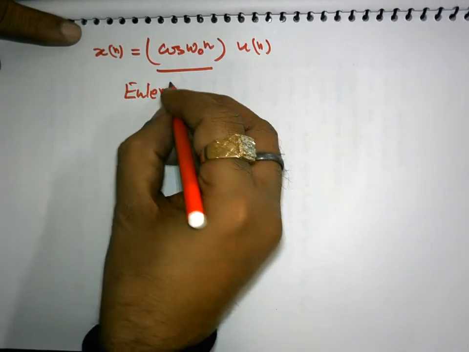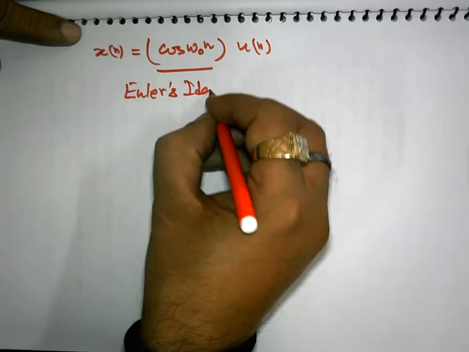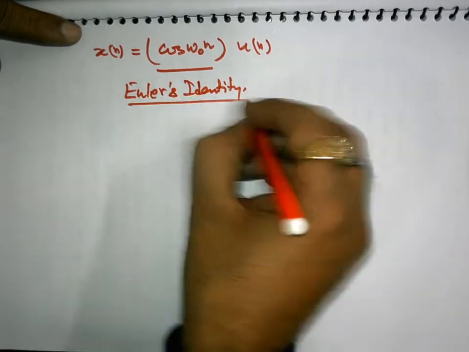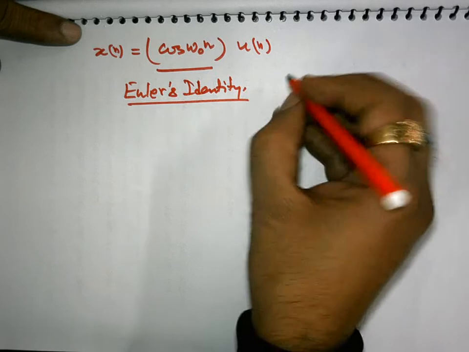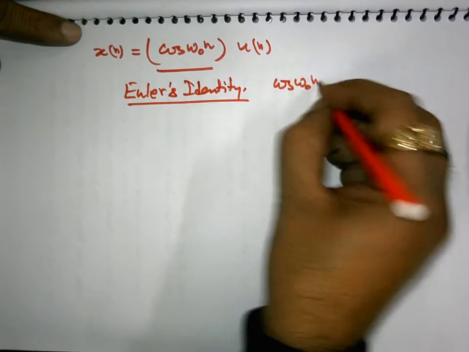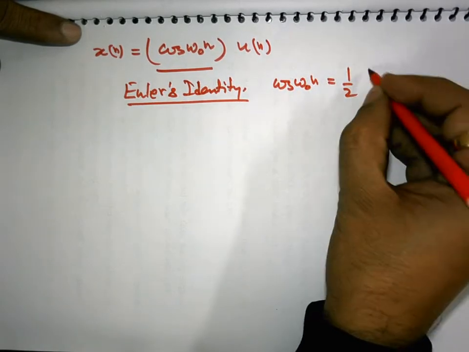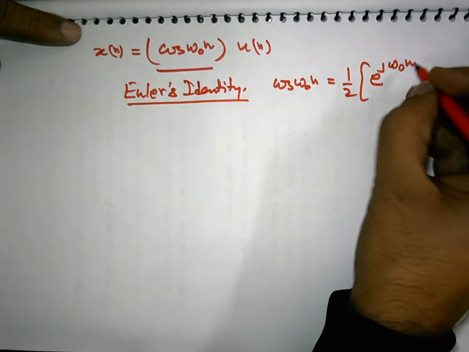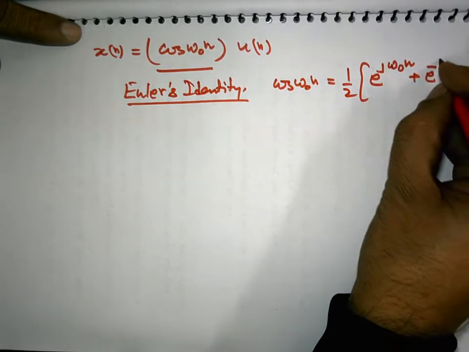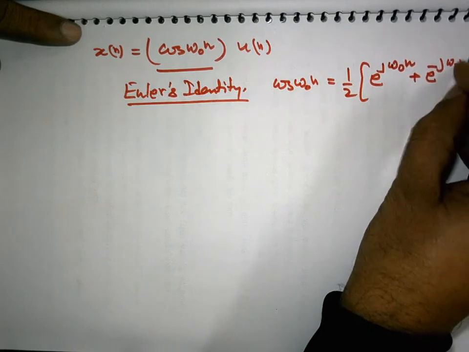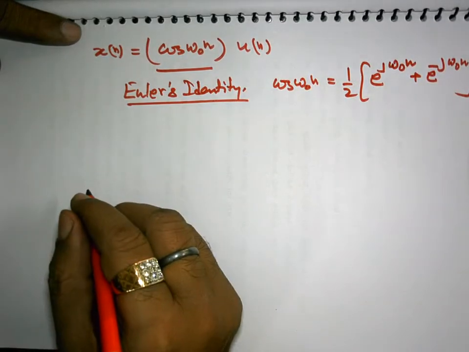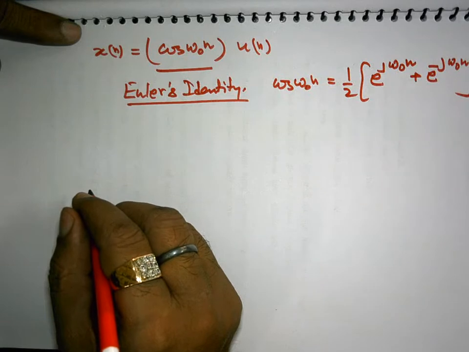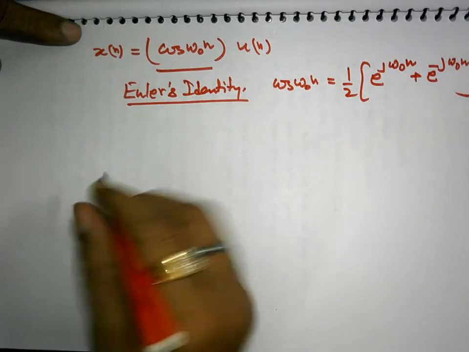If you recall Euler's identity, it can be broken into simple signals: cos(omega 0 n) is equal to half times e to the power j omega 0 n plus e to the power minus j omega 0 n. Am I right? This cos can be written like this.